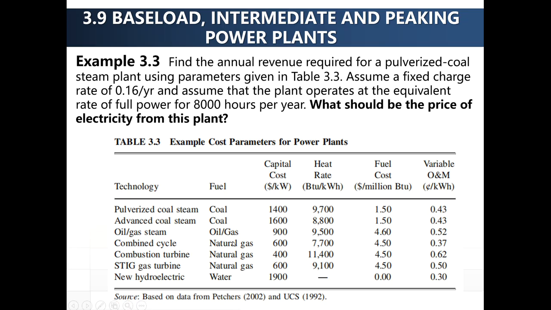Compared with coal power plants, the combined cycle combustion turbine power plant has a relatively low capital cost. Since this example asks us to calculate for the pulverized coal steam power plant, we'll focus on this power plant as the example to calculate the price of the electricity.